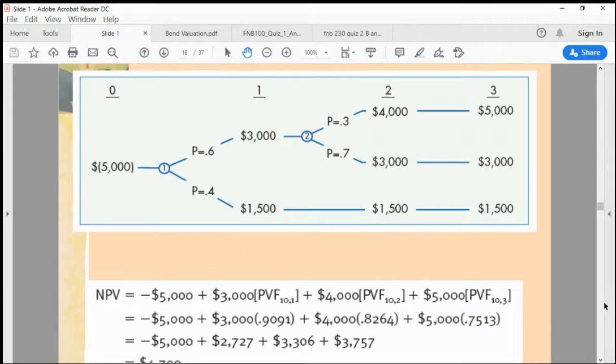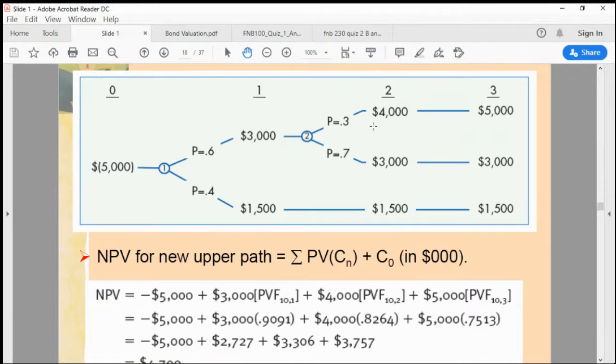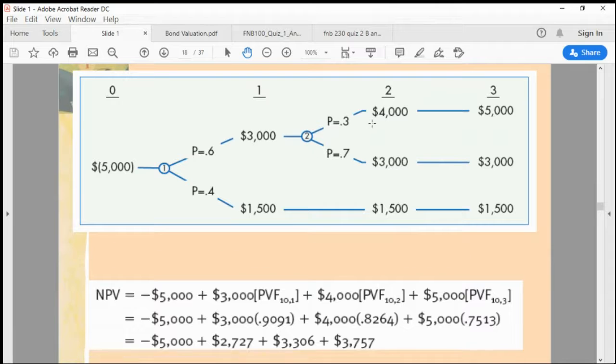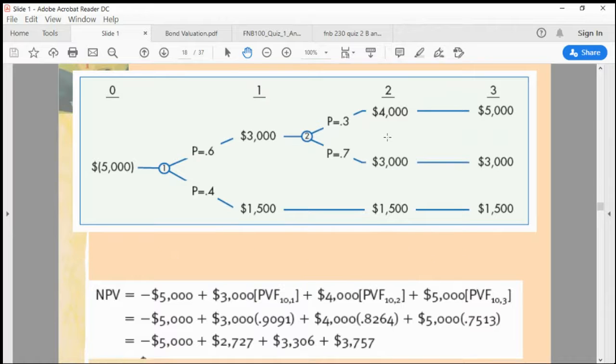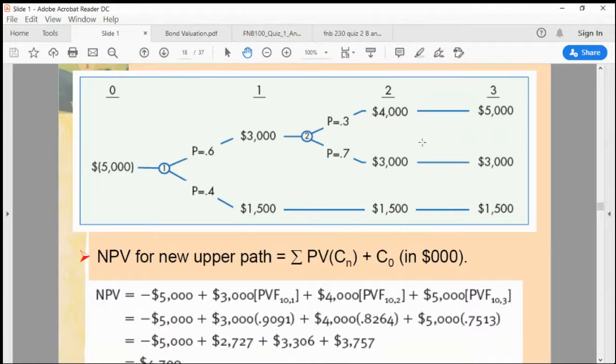Of course, here's the thing. If the demand turns out to be excellent, that means the demand will increase. The demand will be greater than when it is just good.